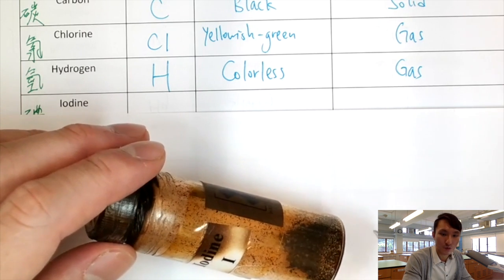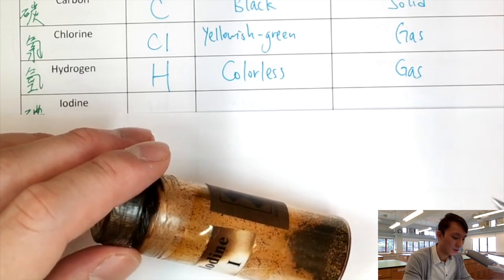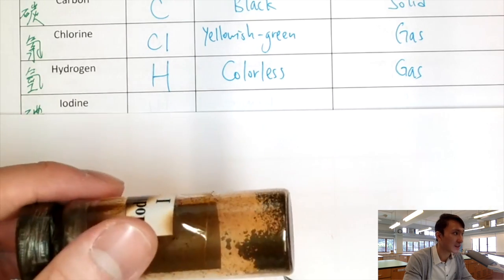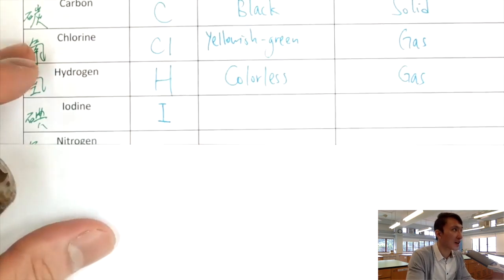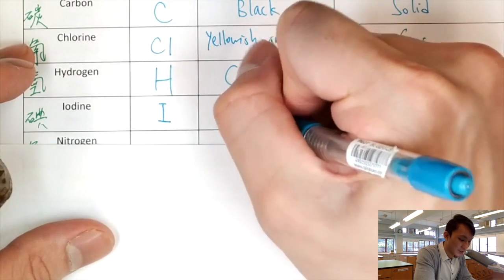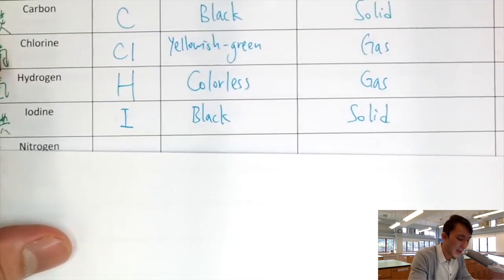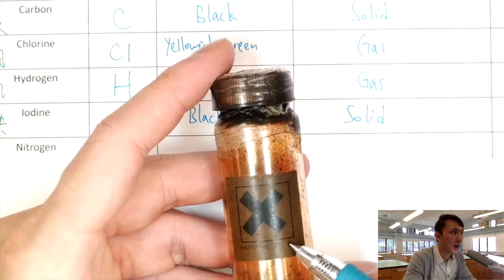Probably some water vapor got in, because iodine solution is kind of brown in color, but iodine is supposed to be black. It's a black solid. Okay, so let's put it down. Iodine, the symbol is I, a black solid. And iodine is known to be harmful.